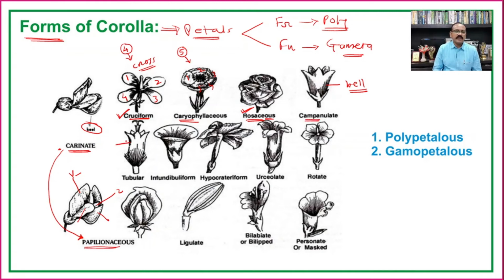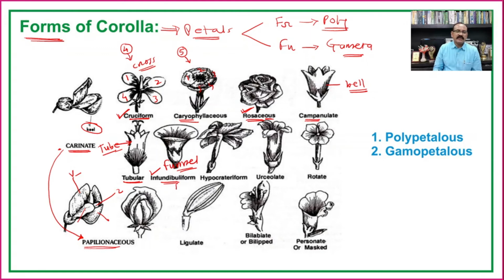If there is a formation of a tube-like structure, which is very common in the family Asteraceae, then such corolla is known as tubular corolla, in which all 5 petals fuse together and form the corolla tube. If the corolla fuses together and forms a funnel shaped structure, then that type of the corolla is known as infundibuliform type of the corolla.